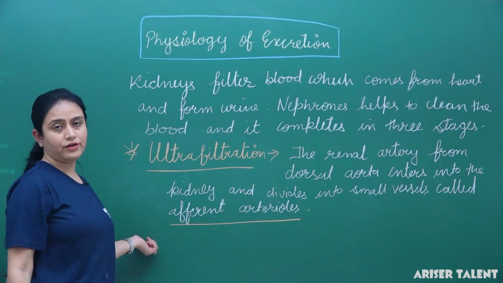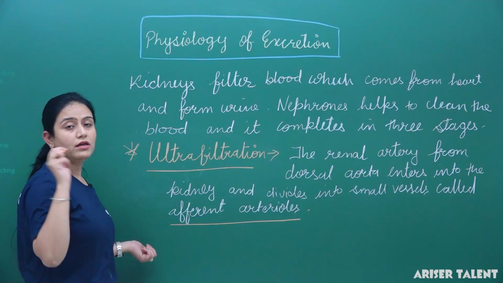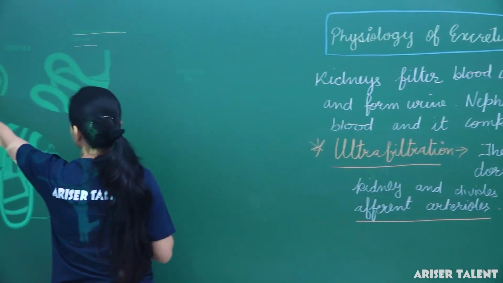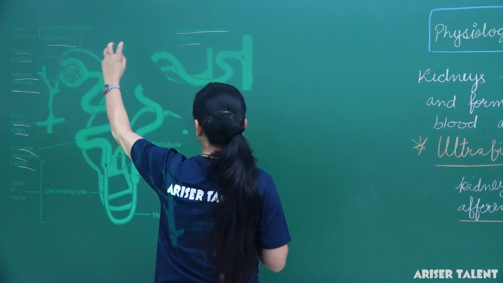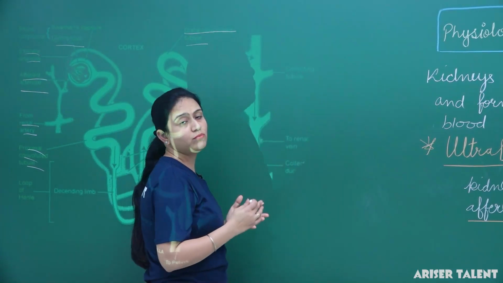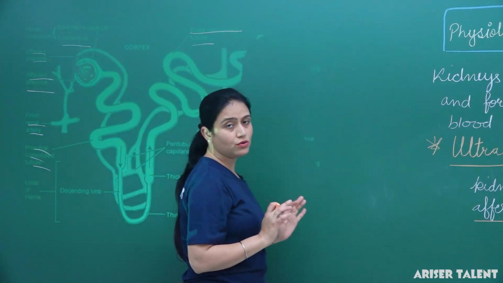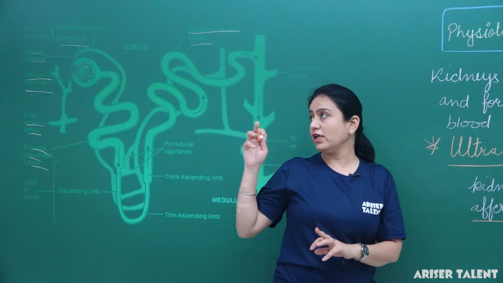These afferent arterioles go into the Bowman's capsule, and then they further divide and form capillaries. These capillaries form the nodes, and they form the glomerulus.